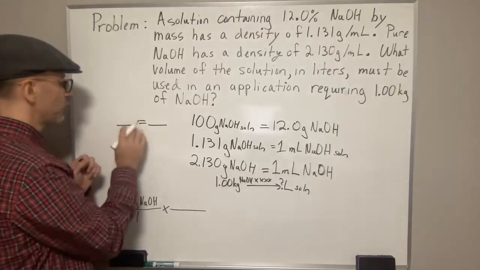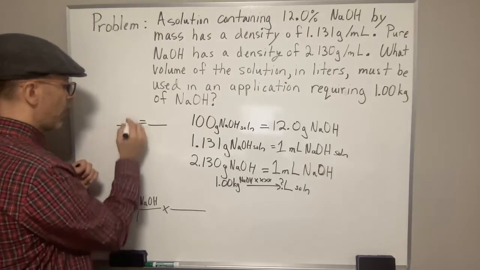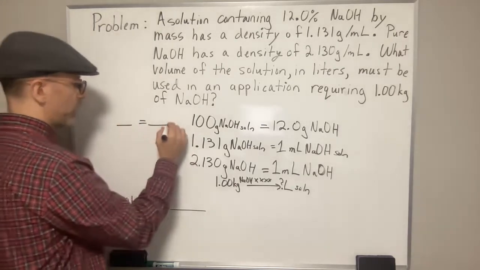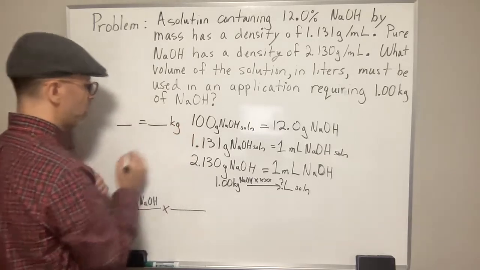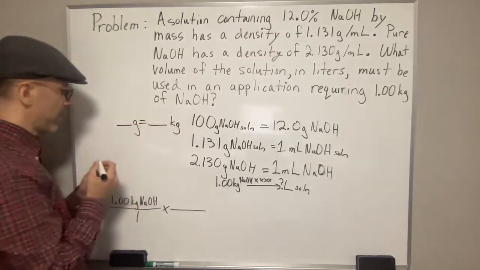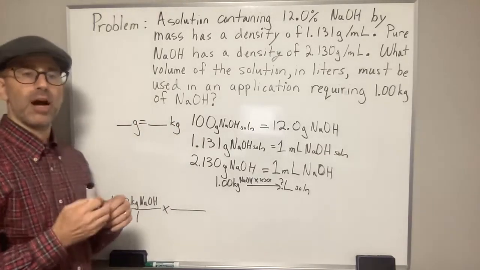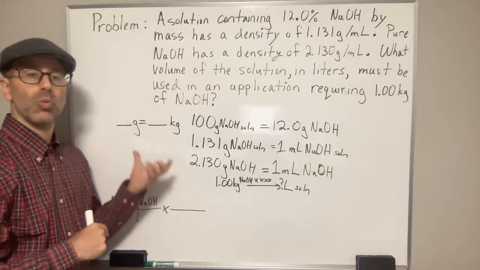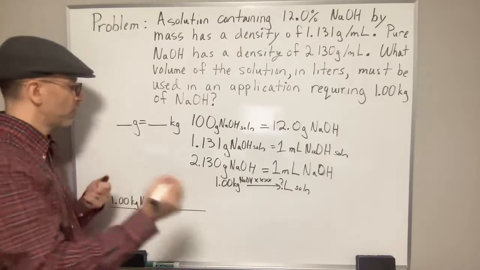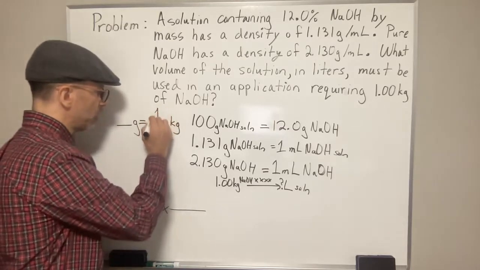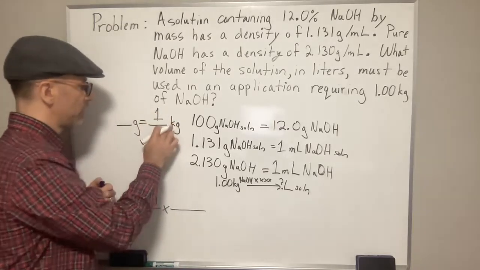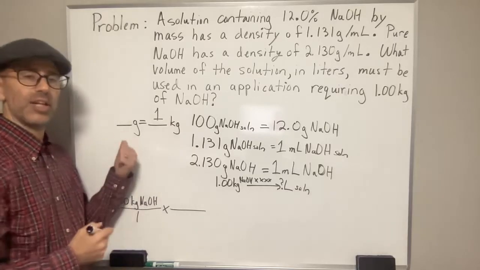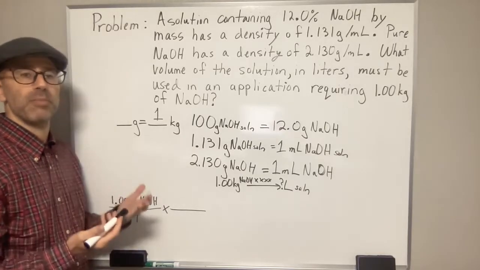I set up the units. So on one side, I put kilograms. On the other side, I put grams. And then I figure out, okay, which side gets the 1? I always put the 1 with the prefix. So I'm going to put the 1 here at kilograms because kilo is the prefix. And then on the other side, I put the prefix multiplier.